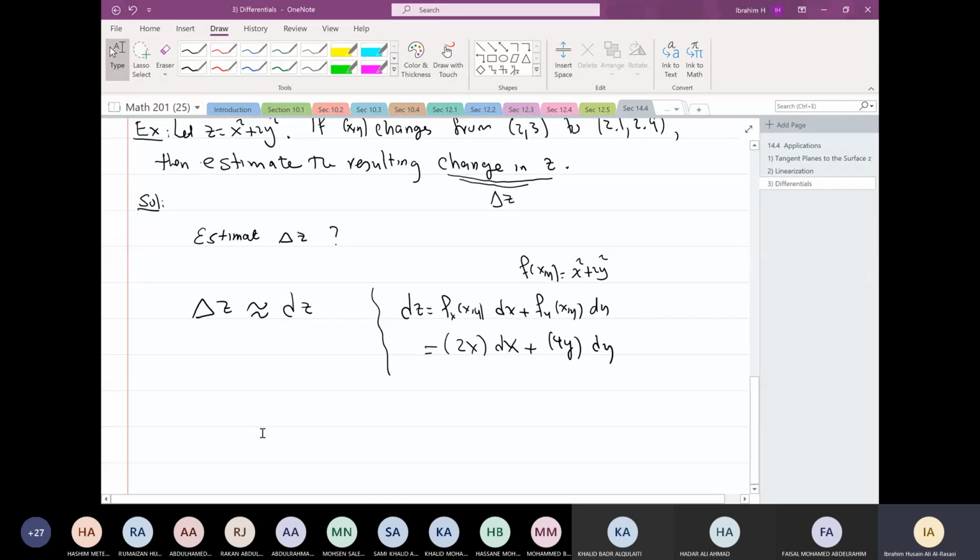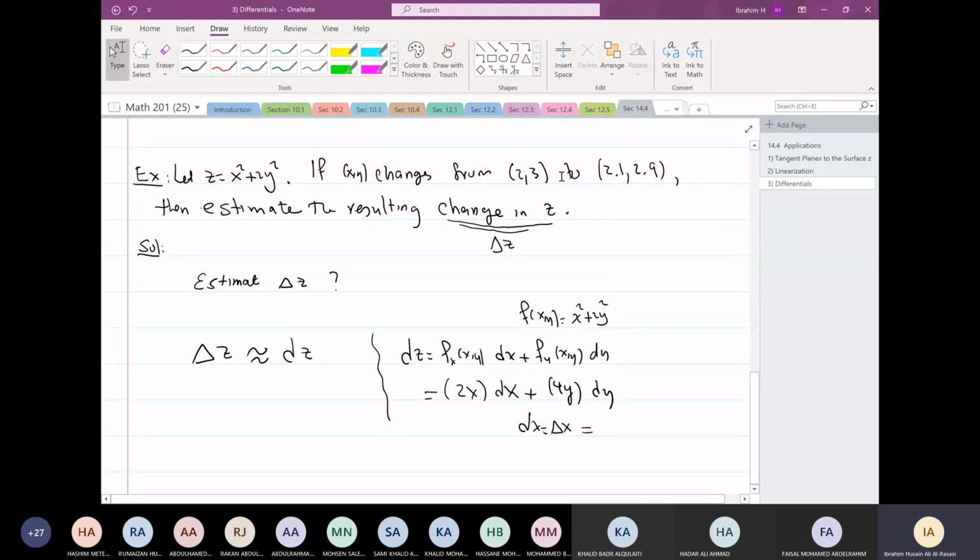What is dx? By definition, it is delta x in the domain. What is delta x? X final minus x initial. I go from (2, 3) to (2.1, 2.9). X final 2.1 minus 2 is 0.1. What is dy?